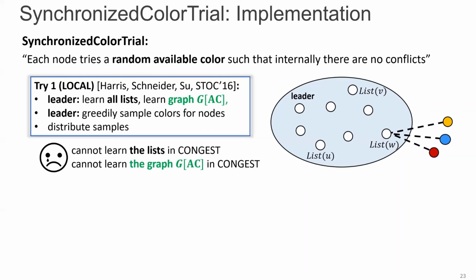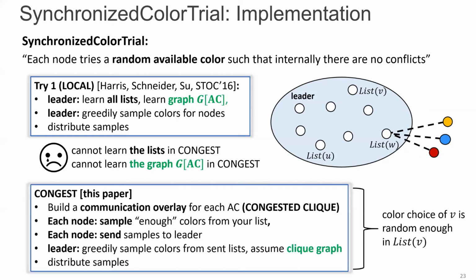But in the CONGEST model, we cannot do this. We cannot learn the lists. It's too much information in the leader. And we cannot learn the graph induced by an almost clique. It's also too much information. Instead, and it's going to be a bit involved, what we do is we first build a communication overlay for each almost clique.